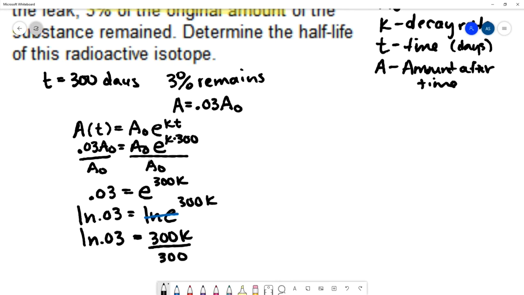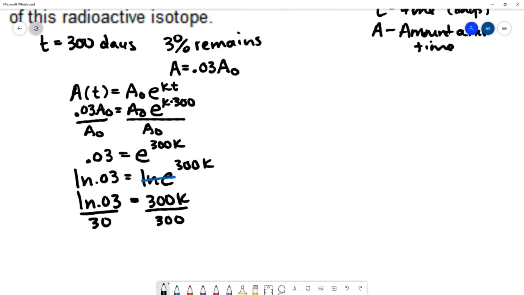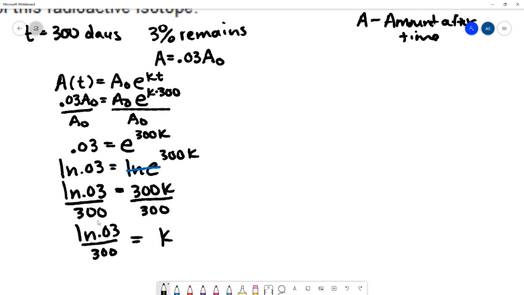We're going to divide both sides by 300 and we get our value of k to be natural log 0.03 over 300. So now we have the value of k, our decay rate. And now we're going to find the half-life, which is the question that we have.